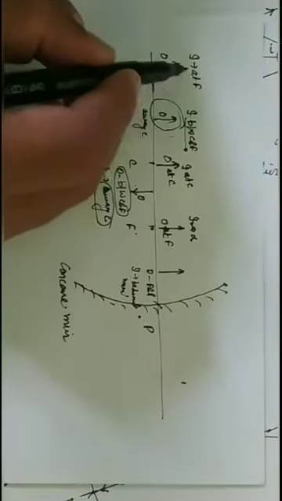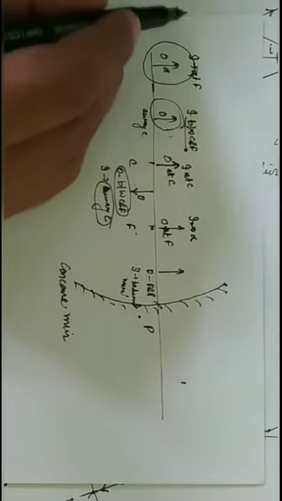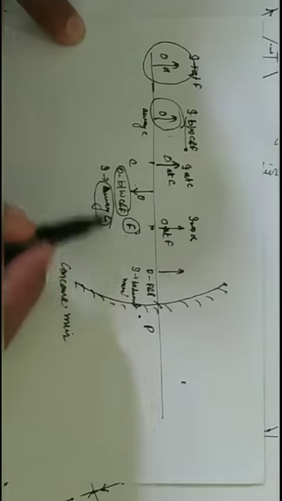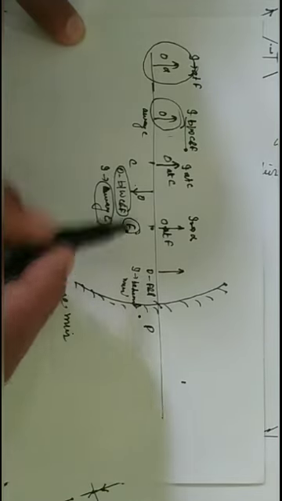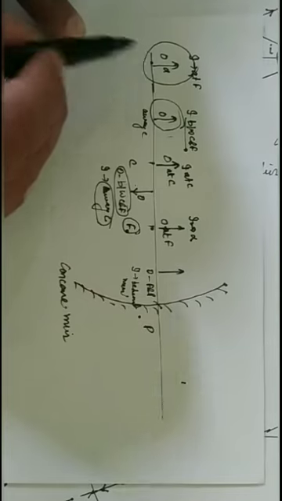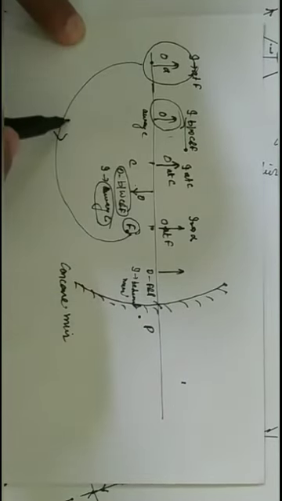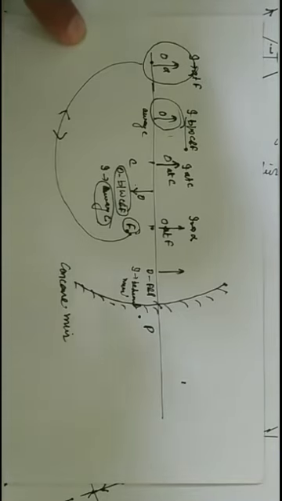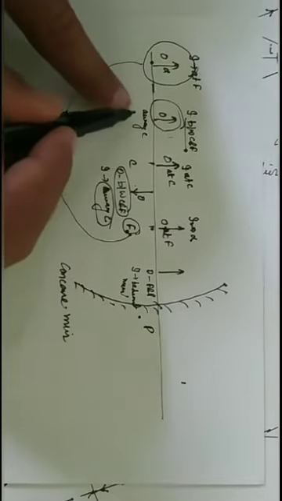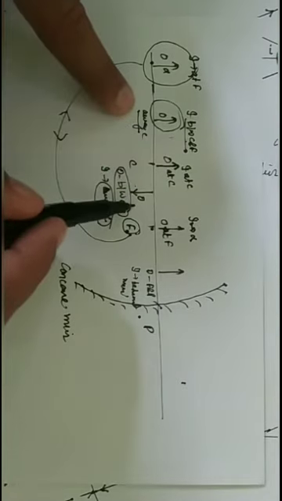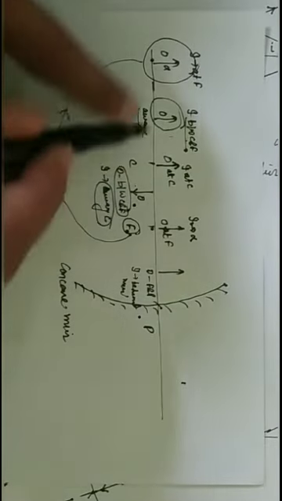So these are your different locations. When your object is at infinity, your image is at focus. If your object is at focus, your image is at infinity. So they are interconvertible. Similarly, when your object is away from C, your image is between C and F. If your object is here, your image is here.